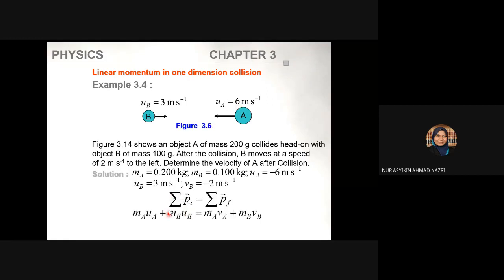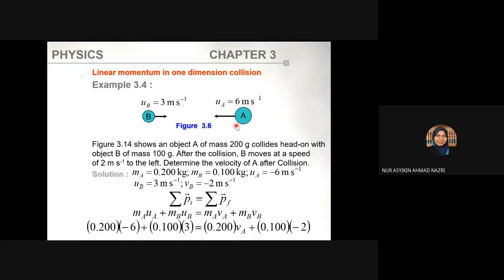At this part, you need to write all the initial parts: MA, MB, just write it like this. Even if it is zero, just write it, as an equation like this, and later on you substitute the values. Then from here you may get the velocity for A after the collision, together with the sign. If negative, it means that ball moves to the left.